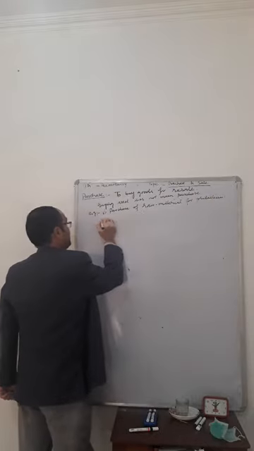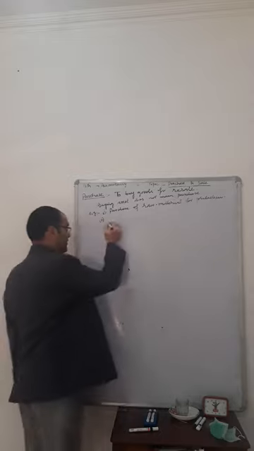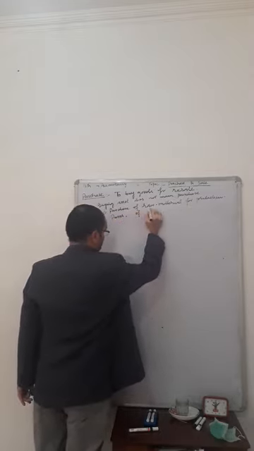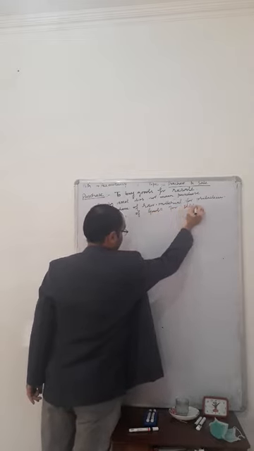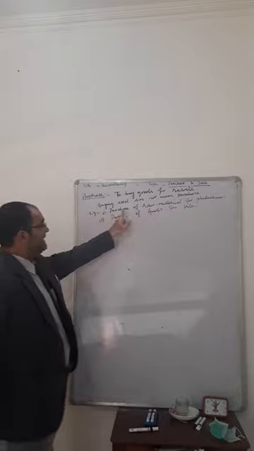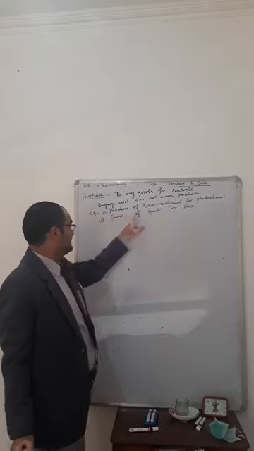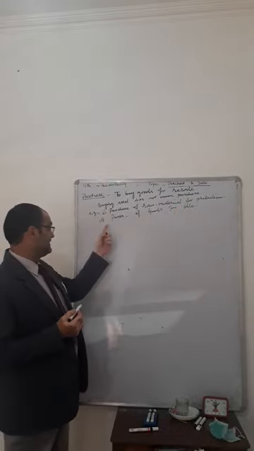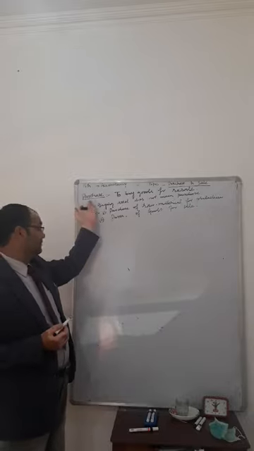And example number two, purchase of goods for sale. Purchase of raw material for production, purchase of goods for sale. These are two very important examples to understand this term purchase.